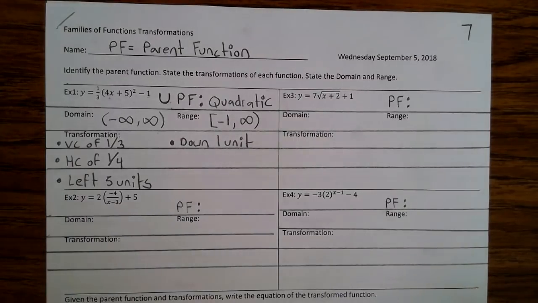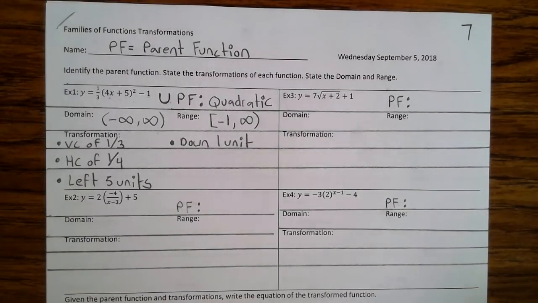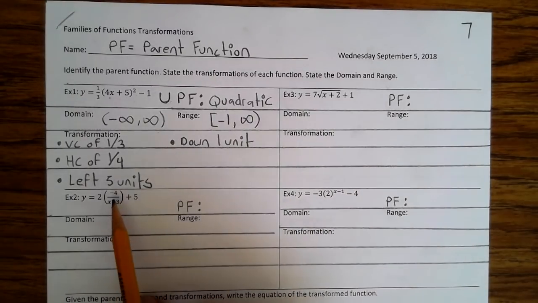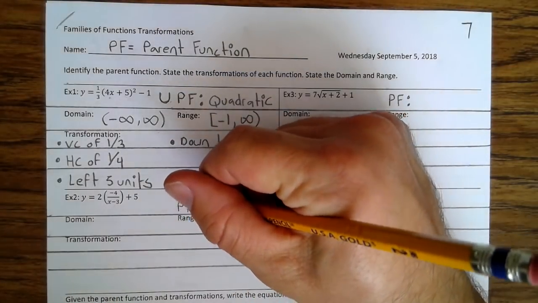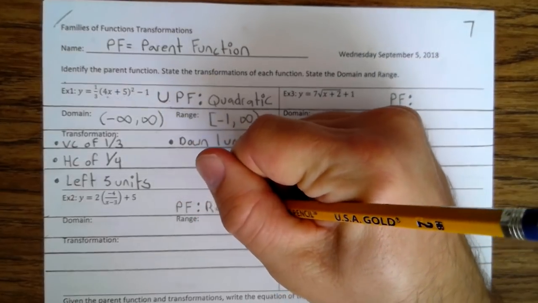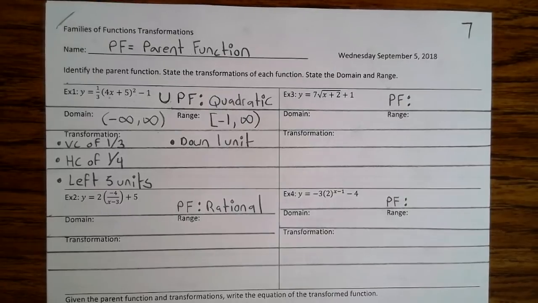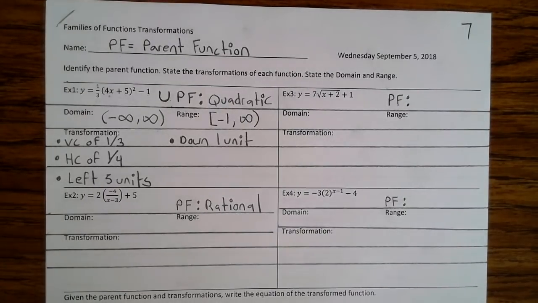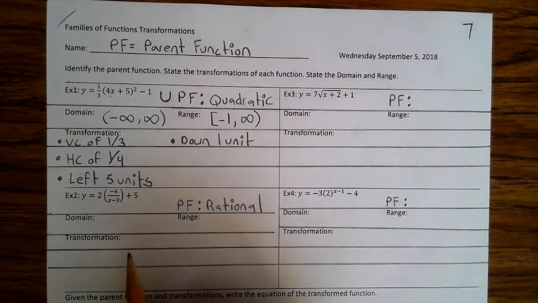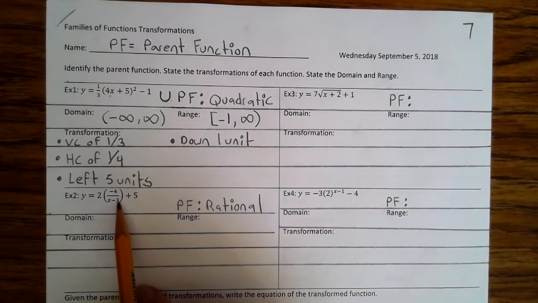All right, example 2. Okay, so here you have the number divided by x, so we know the parent function is rational. Okay, domain and range. Now, here the minus 3 tells us that we move right 3 units.